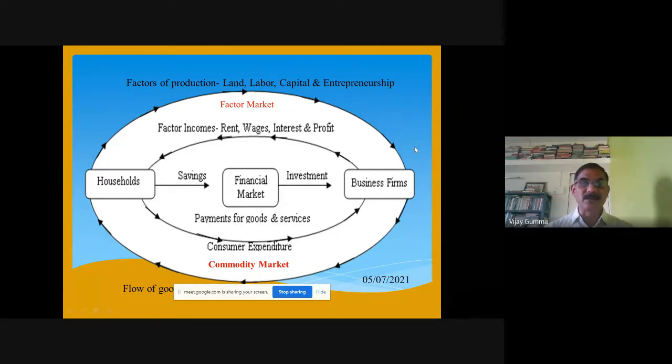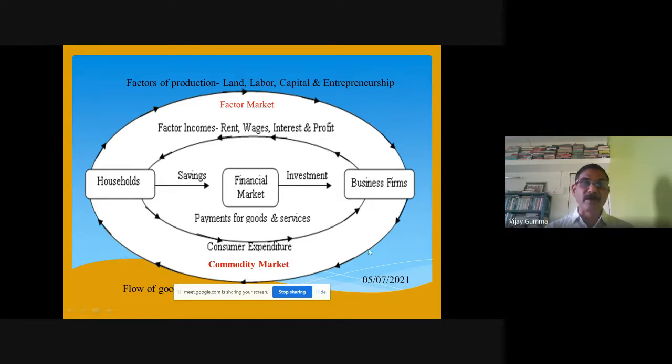The outer circle of this diagram shows a real flow of goods and services, and the inner circle of this diagram shows flow of money. Flow of money is shown by anti-clockwise, and real flow of goods and services is shown by clockwise.